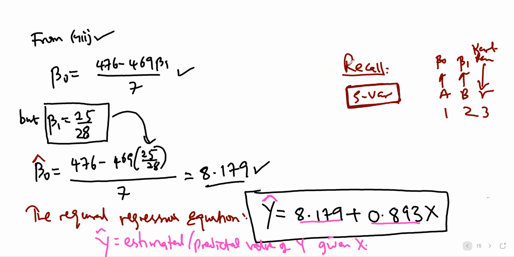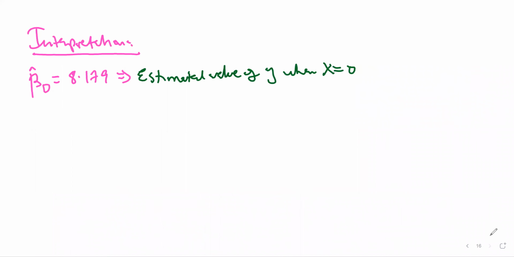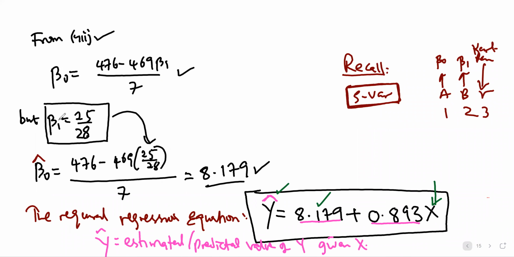In other words, if you put 0 there, then this is the estimated value of y. That should be straightforward. Then the interpretation of the other value is much more interesting. Beta 1 hat, which we're saying is 0.893.